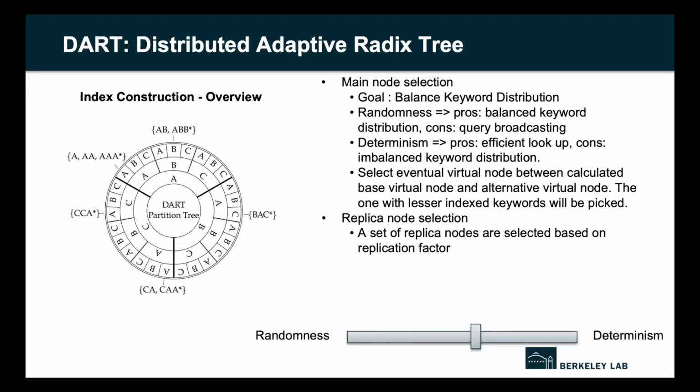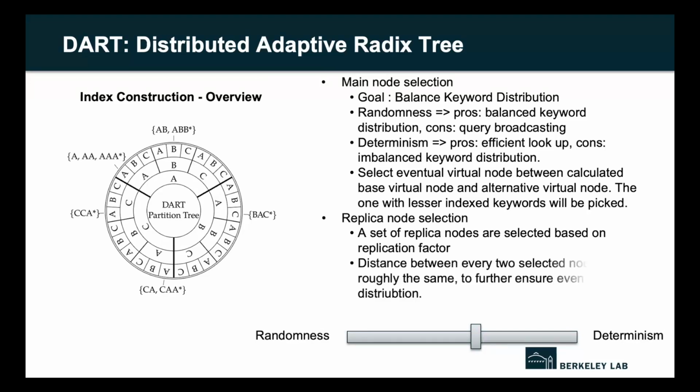So we also choose a set of replica nodes based on a predefined replication factor. Our algorithm makes sure that the distance between every two selected replica nodes is roughly the same, so that we can ensure an even replica distribution.